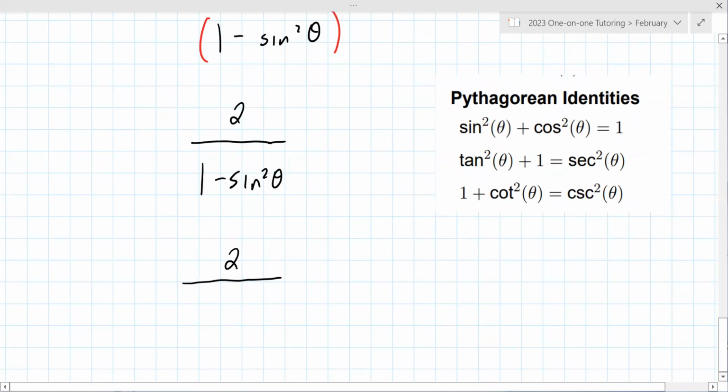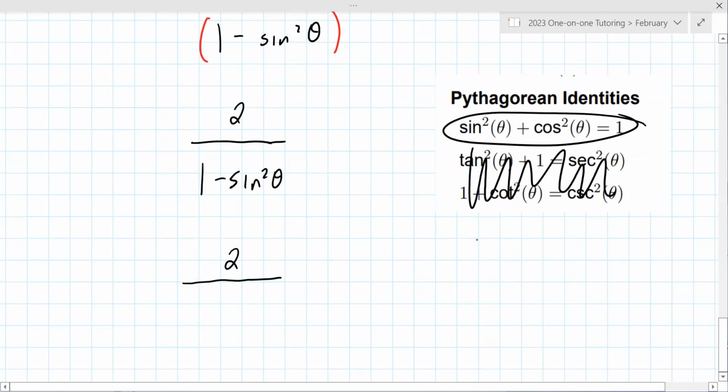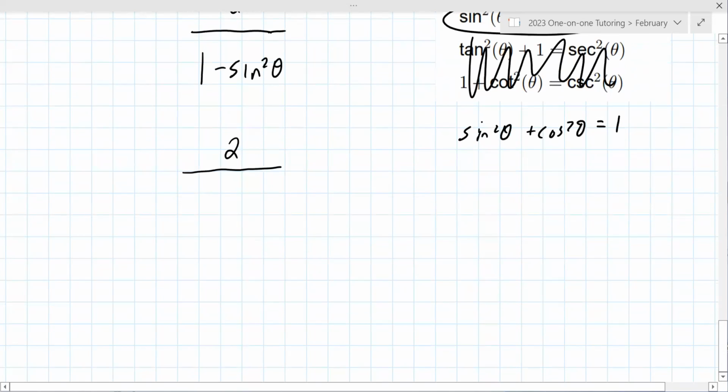Would it be negative cosine squared? You're off by a sign. Let me show you here off to the right. There's a couple of ways that you can use it, and most of the time you're going to be solving for a 1 minus cosine squared or a 1 minus sine squared, and these just equal the other one.